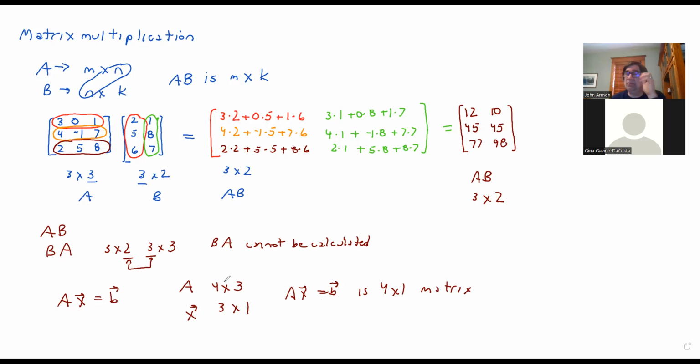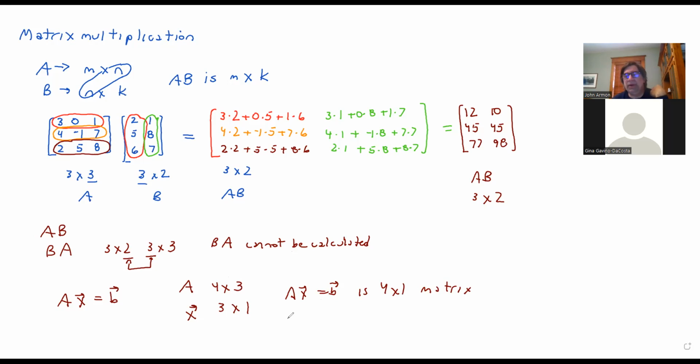So you think about what a matrix A is going to look like here. 4 rows and 3 columns. Each variable you're going to get is going to correspond to one of these rows. So your final answer is going to be a 4 by 1 matrix. So when you have 4 rows and 3 columns, it's the columns that you're going to use for this calculation right here.